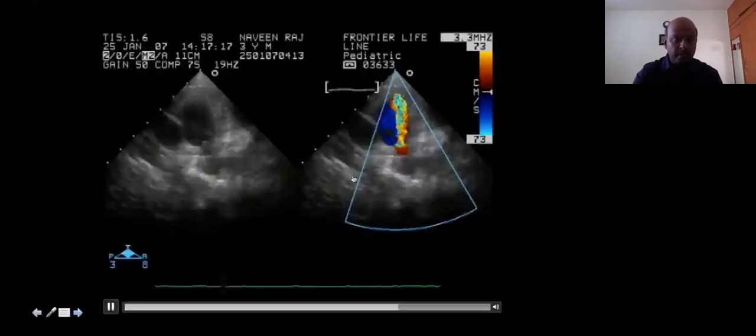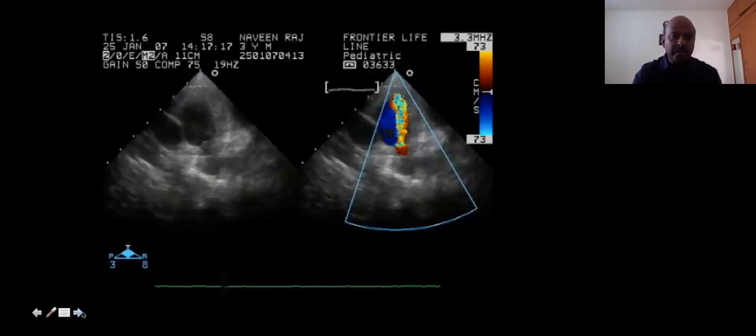So again, this would not play. I don't think it's going to play. So this is a high ductal view, where you see shunt coming from the descending aorta into the pulmonary artery, and you can see a lot of turbulence in the flow, which tells you that the neck of the PDA is quite restrictive, and you would have a higher velocity flow with a high gradient.